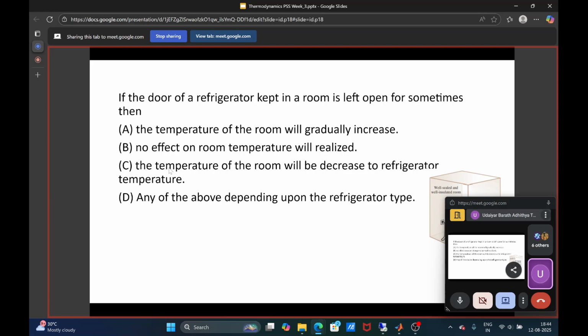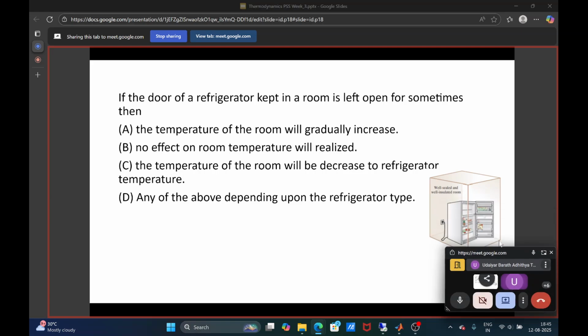So the second case is, instead of your fan, you have your fridge which is open. So what do you think will happen in this case?